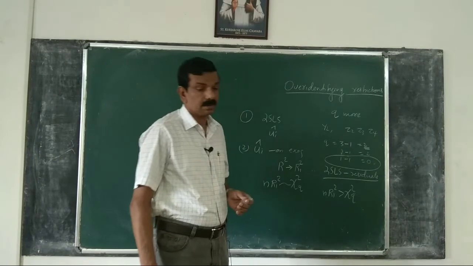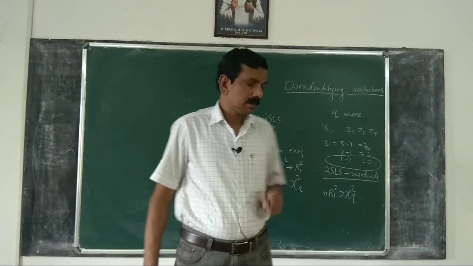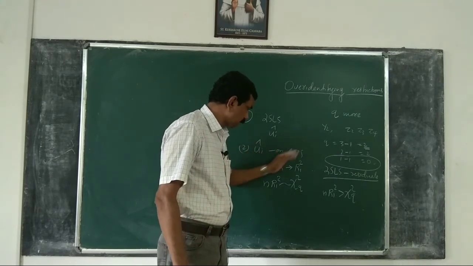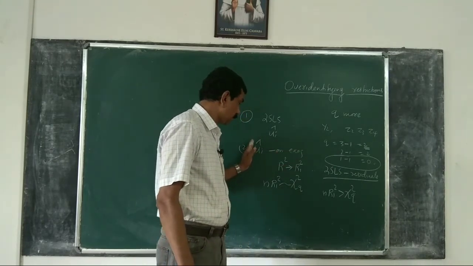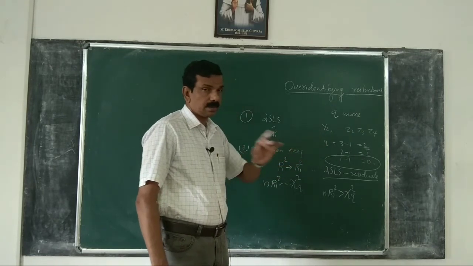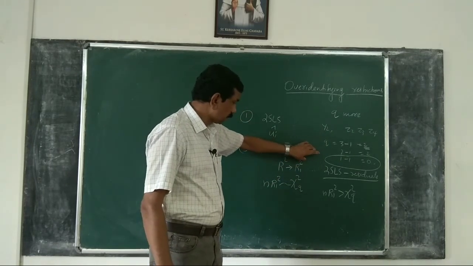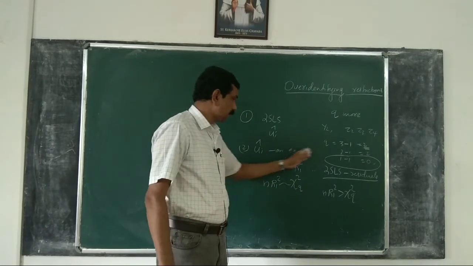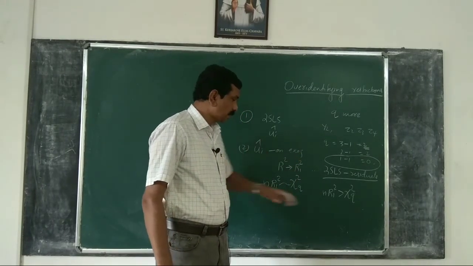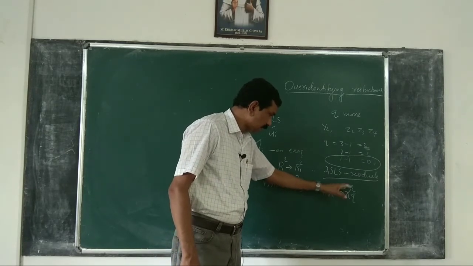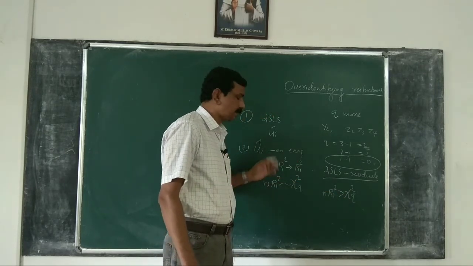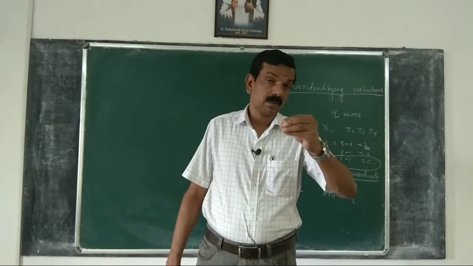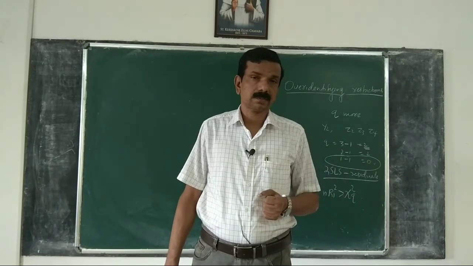When we reject H0, as U hat is regressed on exogenous variables, the value of U hat depends on exogenous variables, meaning some of the exogenous variables are not really exogenous; they are endogenous, correlated with U. If this is less than chi-square q, then we accept the hypothesis that all the instruments are exogenous.